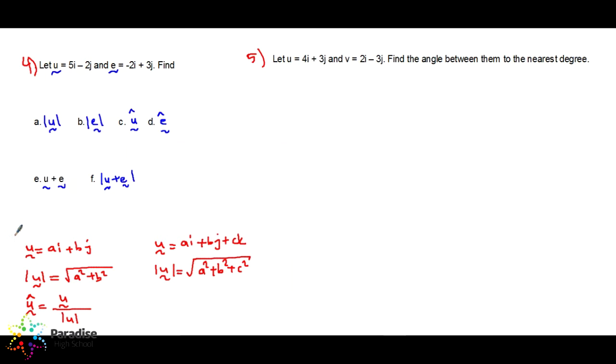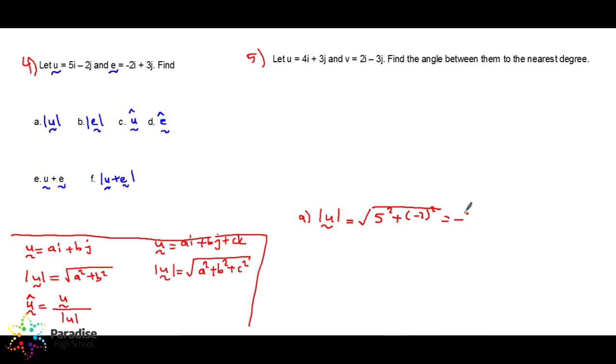All right, so what is the answer of A? What is the magnitude of U? Let's answer them here. Magnitude of U. Square root of, what is it? 5 squared plus negative 2 squared.